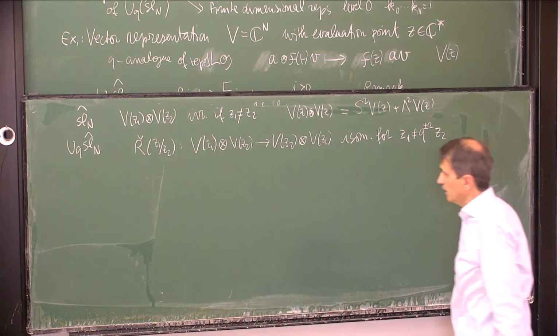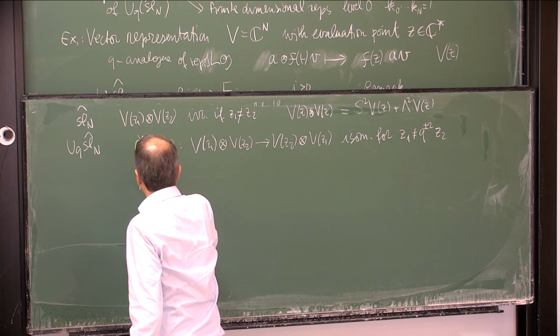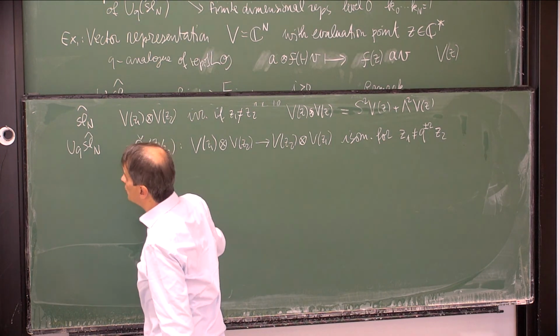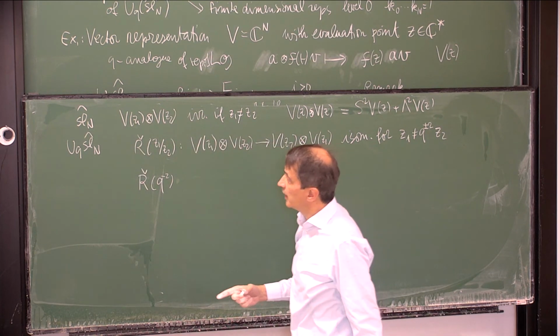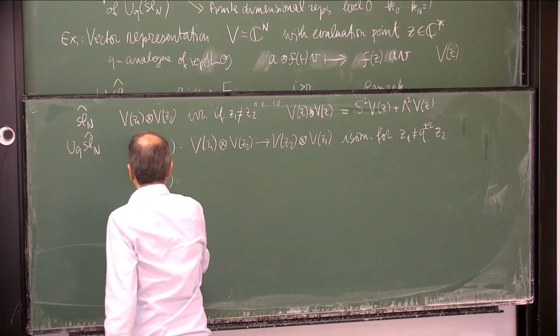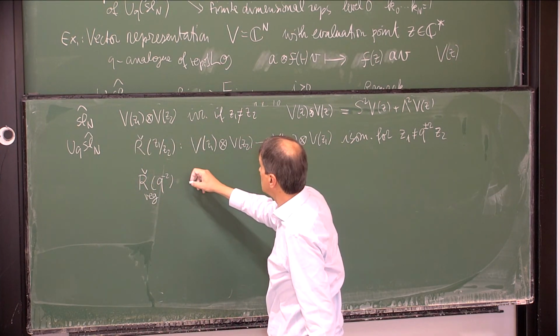But at the special value, say Q squared or Q to the minus 2, this is not defined. You have to take out this denominator. We call it reg. Now take the residue at this point.